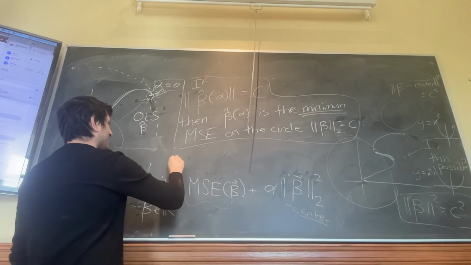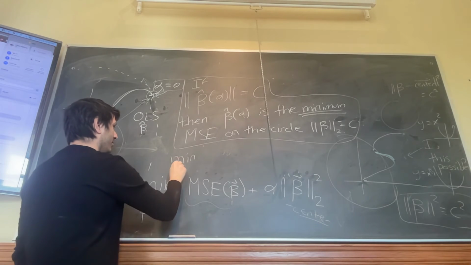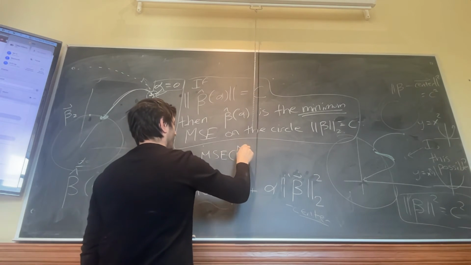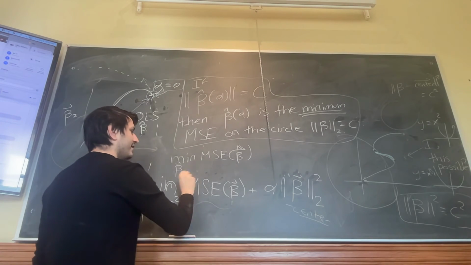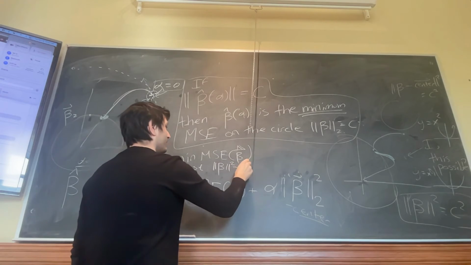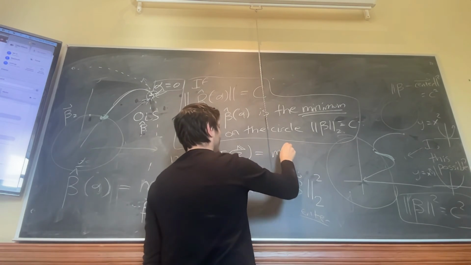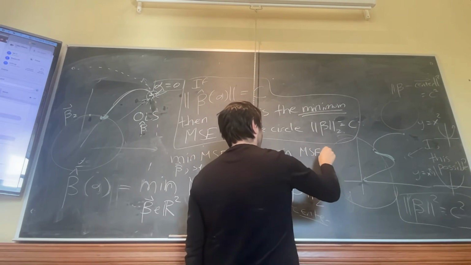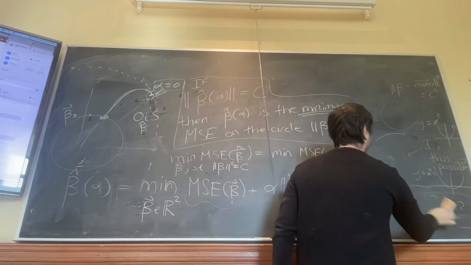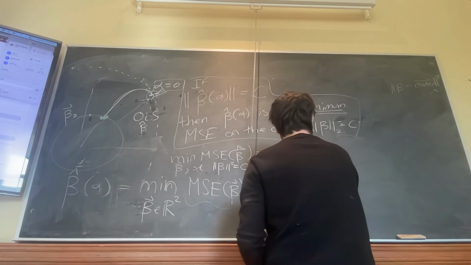If someone says, do the minimum over beta of the mean squared error on the circle of radius c, such that the norm of beta squared equals c, that's the same thing as doing the minimum of the mean squared error plus this extra term, because the extra term doesn't do anything.